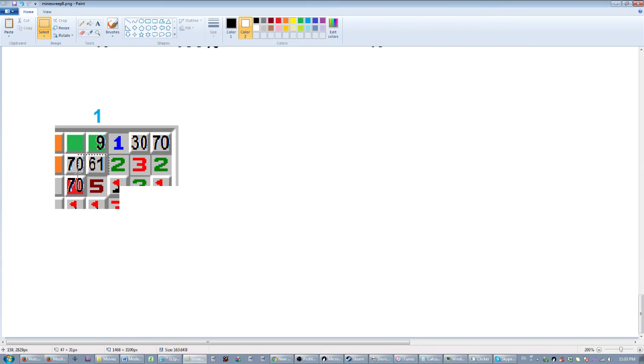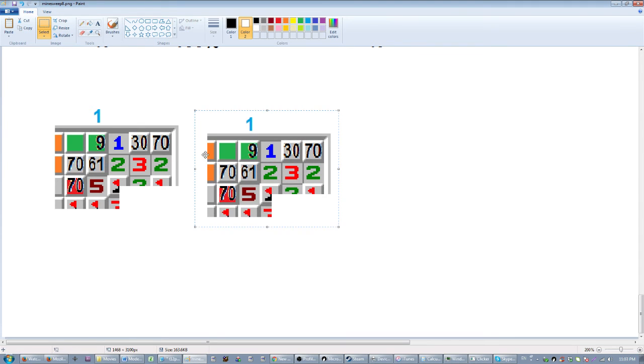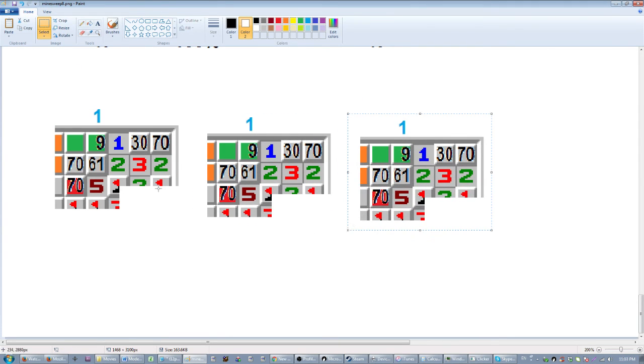If there's 1 mine here, and this box has a chance of giving you 1, 2, or 3. So now we have to copy it like this. And 1, 2, or 3, this could be all green, or we don't know if there's a mine or not, or we know that both of these are mines.